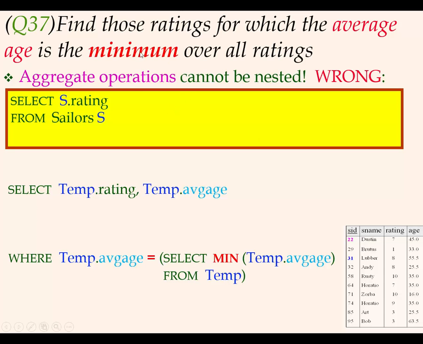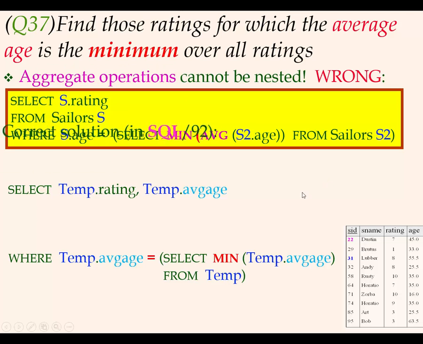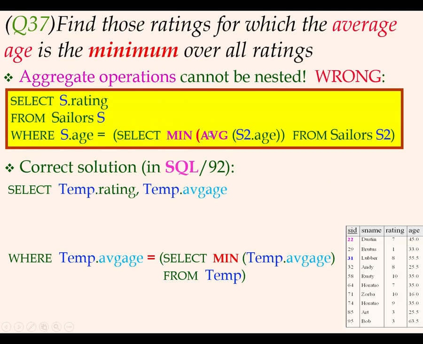Okay, another question. Find those ratings for which the average age is the minimum over all ratings. So again, you cannot use 2 aggregate operators one after another. So again, this has to be done in steps.